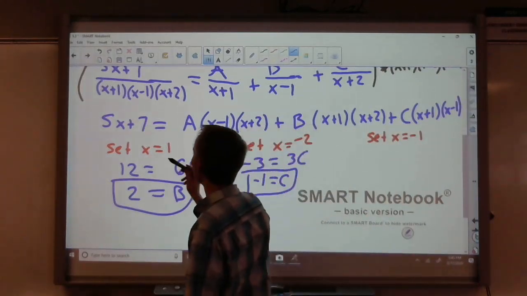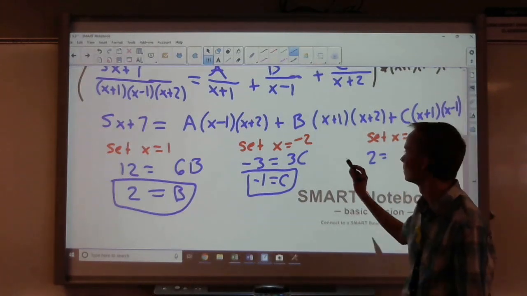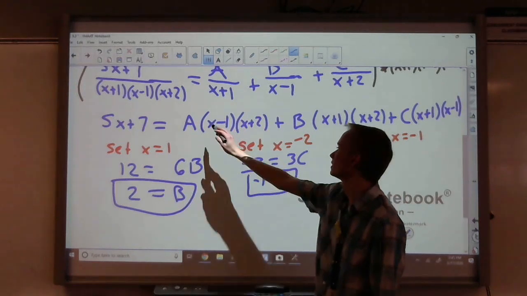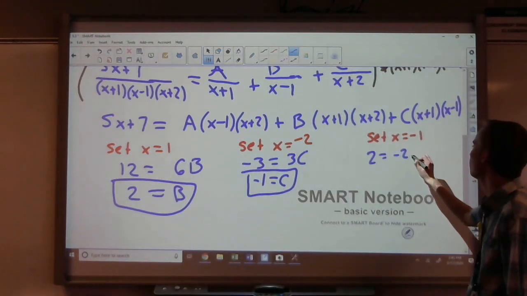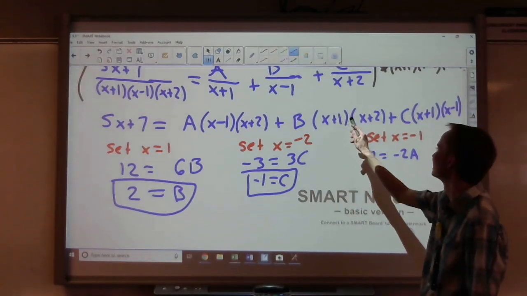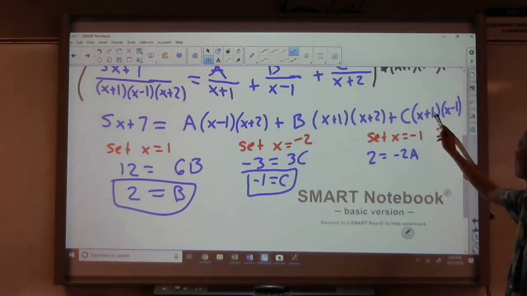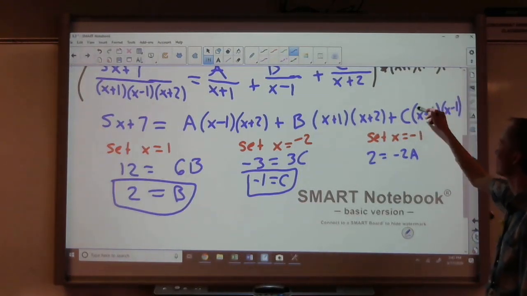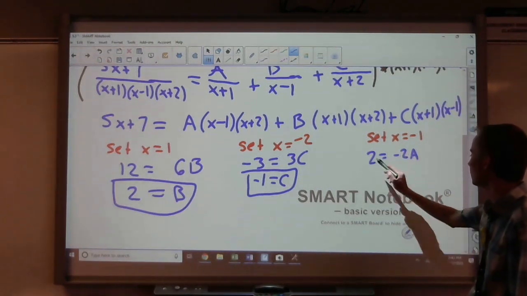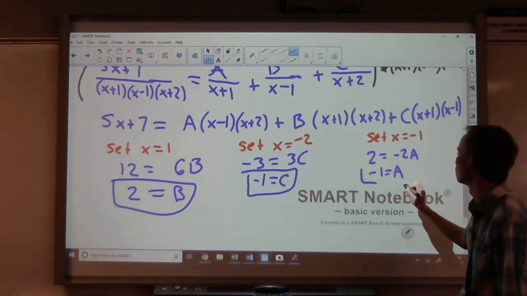So I plug in -1, I get -5 plus 7 is 2 equals -2 plus 1, so -2A. And then when I plug in -1 for this, it is 0, that just goes away. -1 in here, -1 plus 1 is 0, so this is also 0, that won't make a difference. So we get -2A equals 2. So in other words, A is -1, okay?